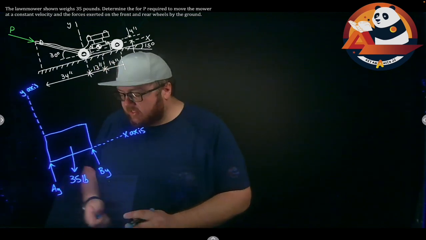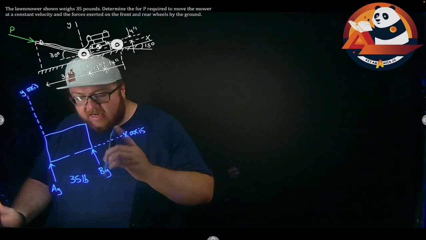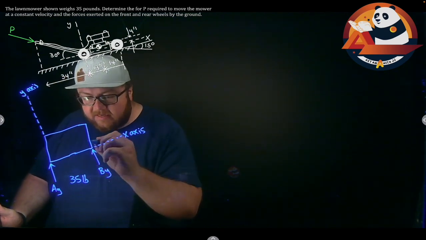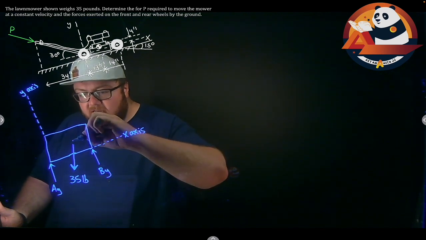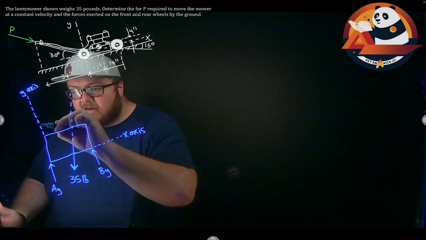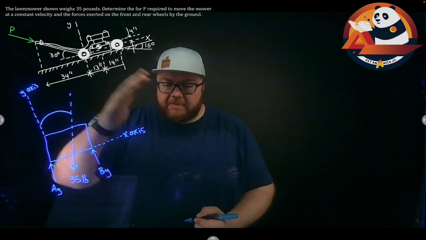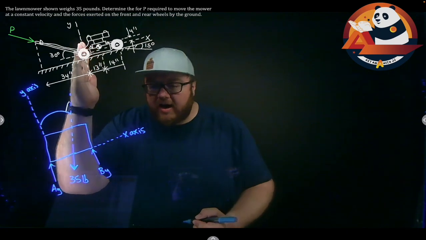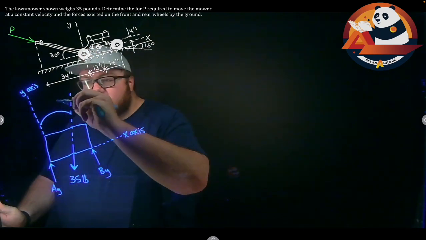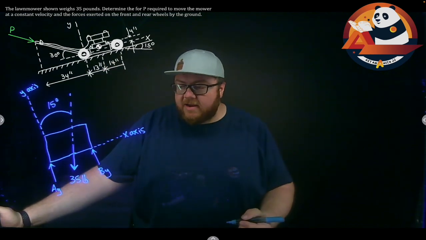I should redraw my weight line because it looks like it's going parallel to Y, and it is not. It is straight up and down, 35 pounds. If we show its line of action up here, if our axes weren't rotated, Y would be perfectly straight up. We rotated X up 15 degrees, which means we rotated Y over 15 degrees. So this angle right here is 15 degrees, and I can get that labeled in here.